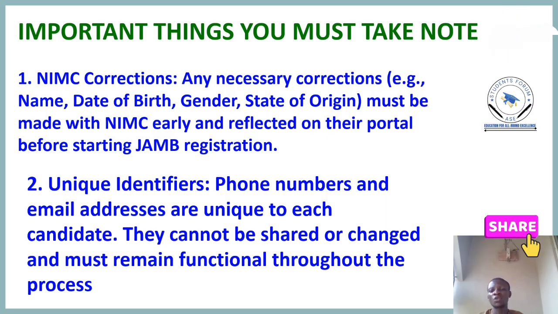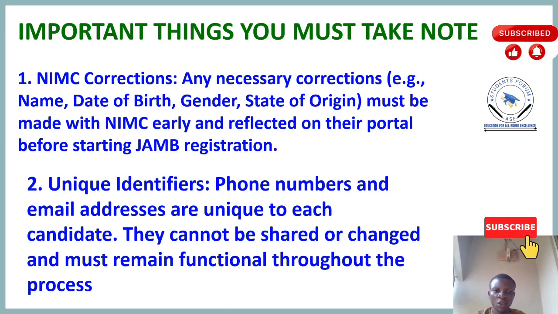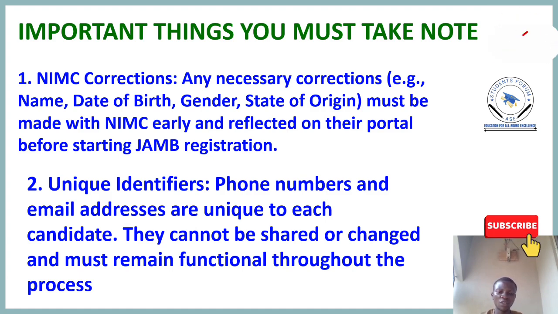If it is your email, your name or date of birth, or gender or state of origin, anything that is not correct, you must make sure you go and correct it at the national ID card office, before the JAMB registration process starts, in order to avoid any form of error during your JAMB registration.